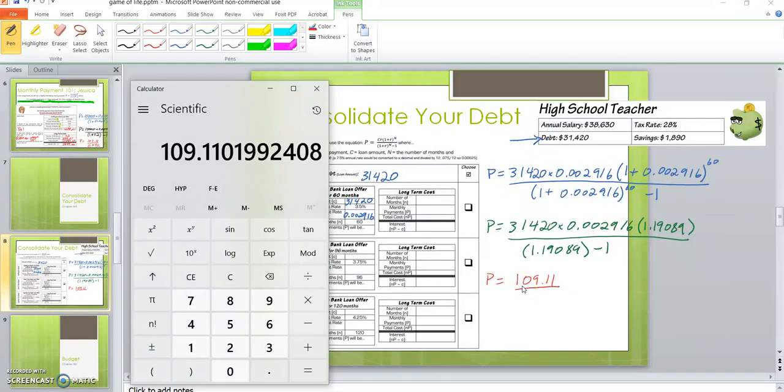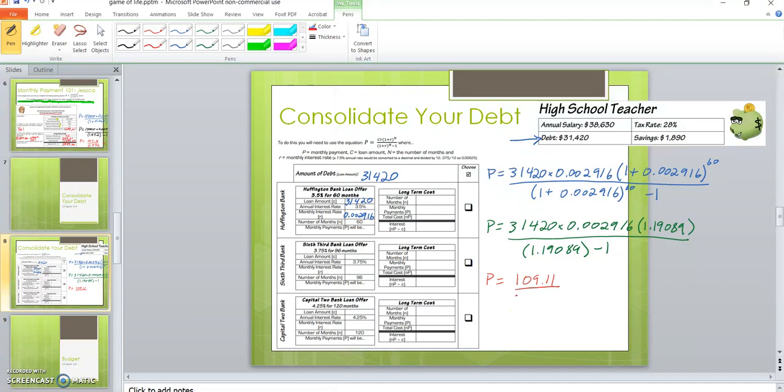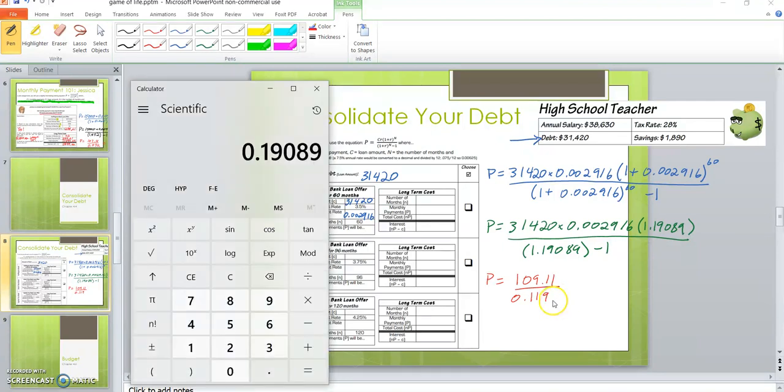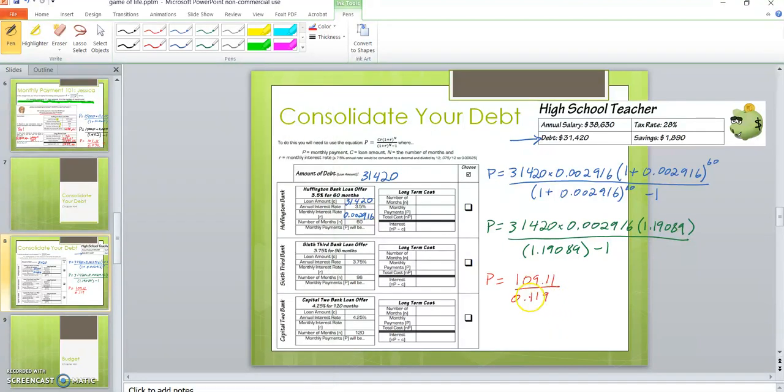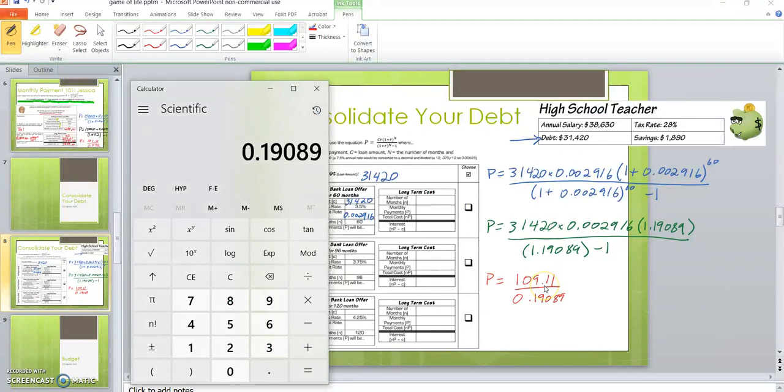And on the bottom, I'm going to have 0.19089, and then what I'll do is I will just divide those two.